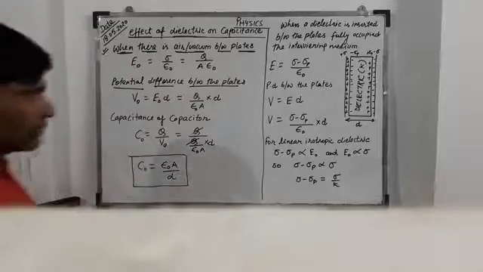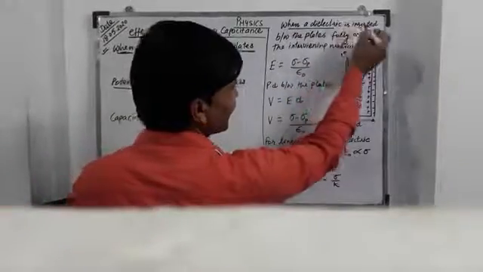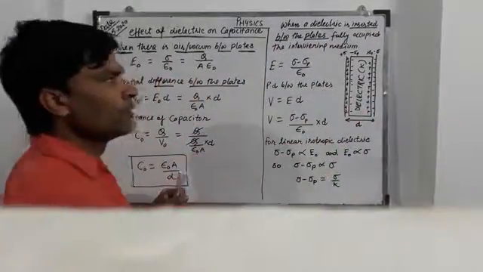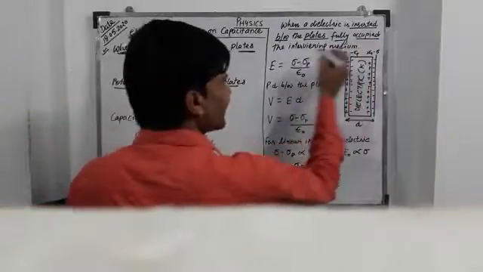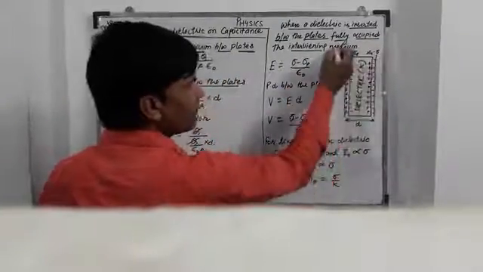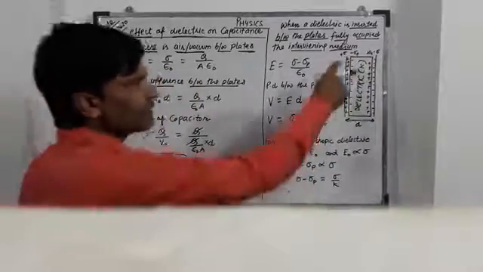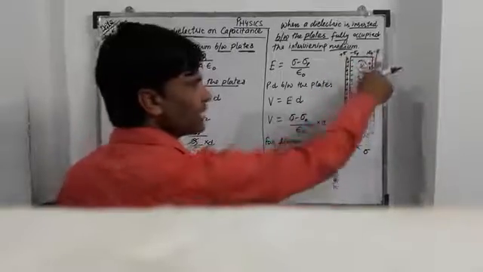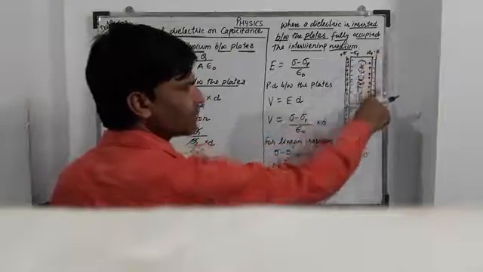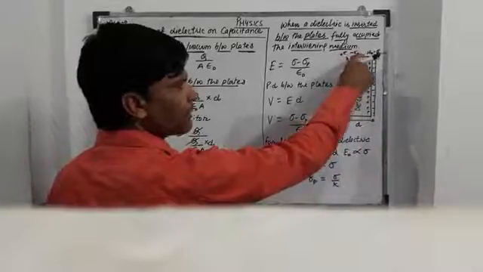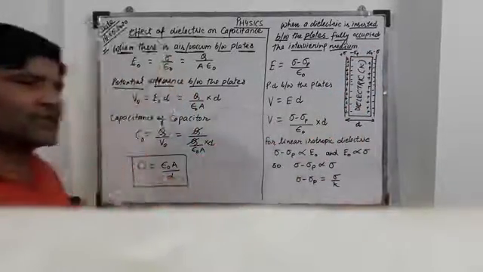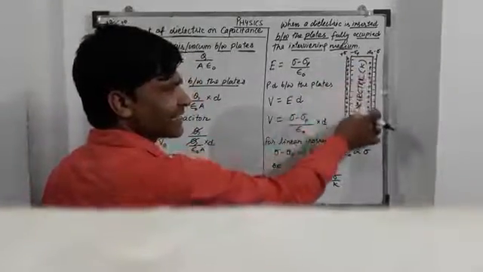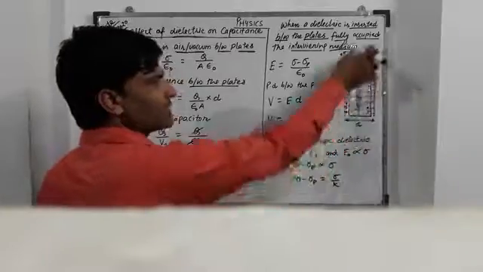Now the case is when a dielectric is inserted between the plates, fully occupying the intervening medium. Positive sigma is the surface charge density of one plate, negative sigma is the surface charge density of the other plate, and minus sigma p and plus sigma p are the surface charge densities induced on the dielectric due to polarization.